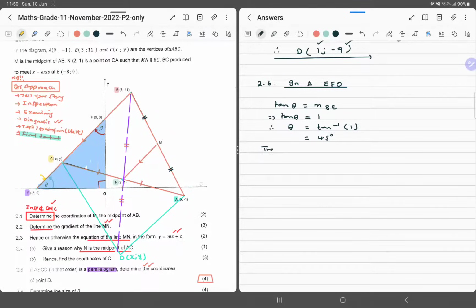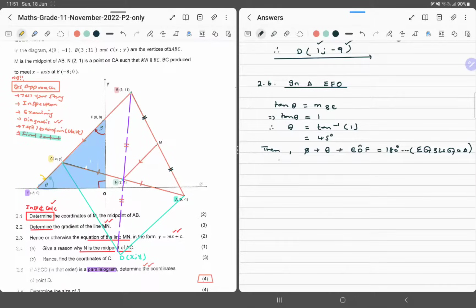We're going to say then we can see that beta plus theta plus EOF equals 180 degrees. What is the reason there? This is the sum of 3 angles of a triangle. Okay, so we've already stated what triangle we're talking about.